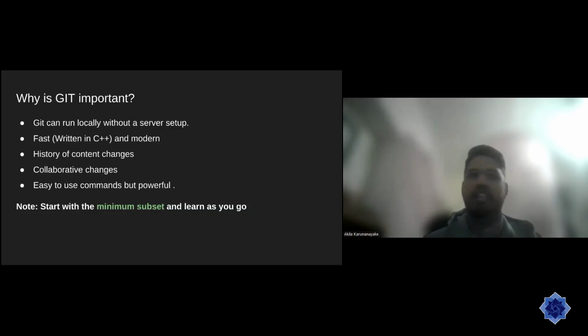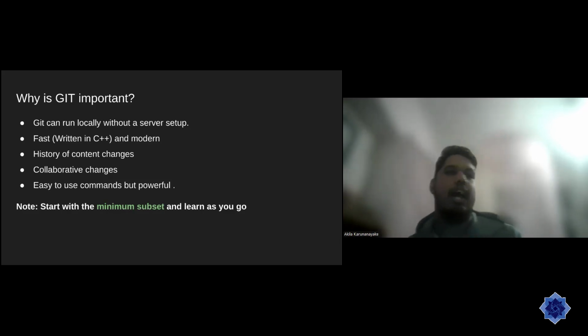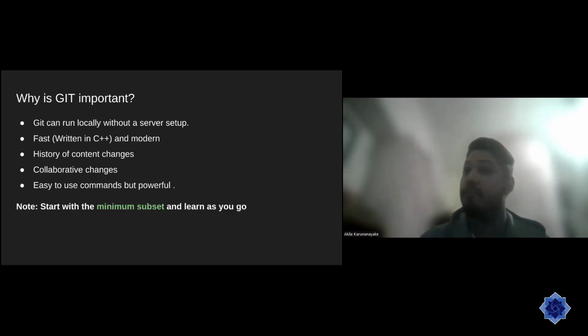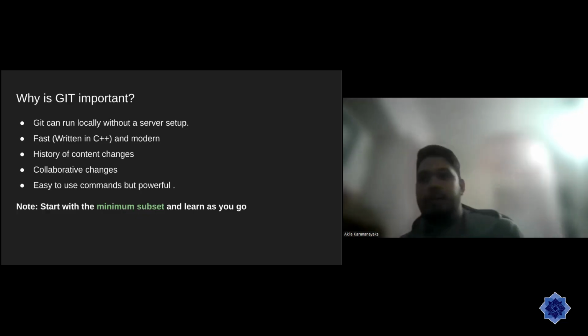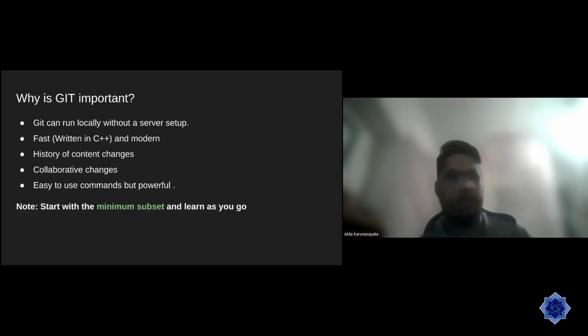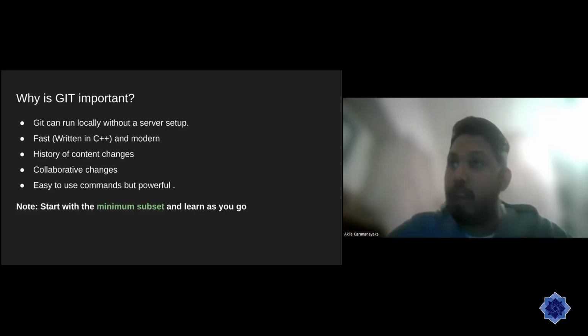It is written in C++, which is a lower level language known for its efficiency. We can keep a history of changes, meaning the what, when, why, and who. We can also do collaborative changes where multiple people can work on the same piece of code. And it has easy to use but very powerful commands.